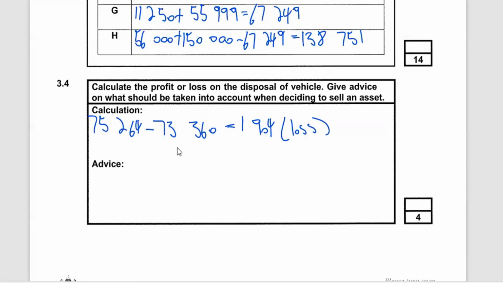Then advice, we can say, give advice on what should be taken into account when deciding to sell an asset. So now we can sell an asset if it still meets the production requirements.